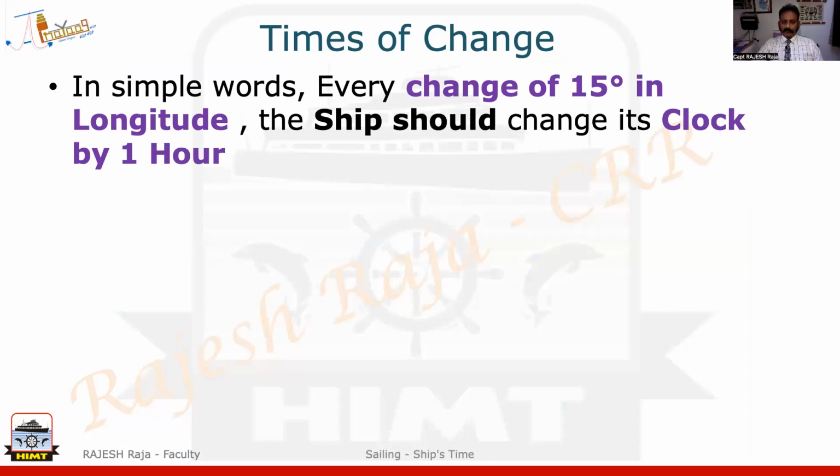Now, as I told, I'm going to relate this longitude to time. So we saw that in 1 hour, the change of longitude is 15 degrees. So obviously, whenever a ship moves around 15 degrees away from its previous position, it is due for a change of clock by 1 hour. Now, whether you have to do plus or minus, we will see that, but it needs a change of clock.